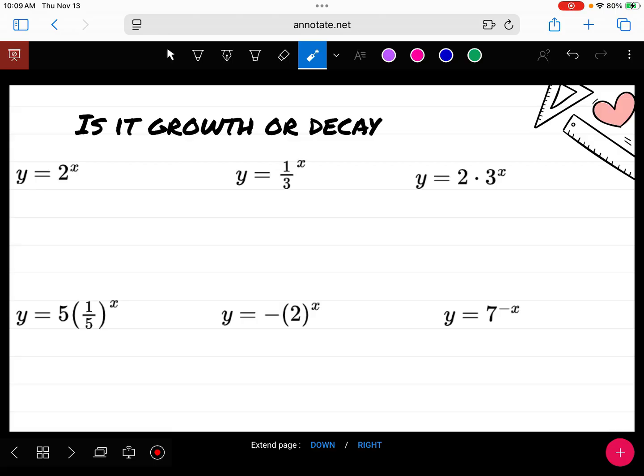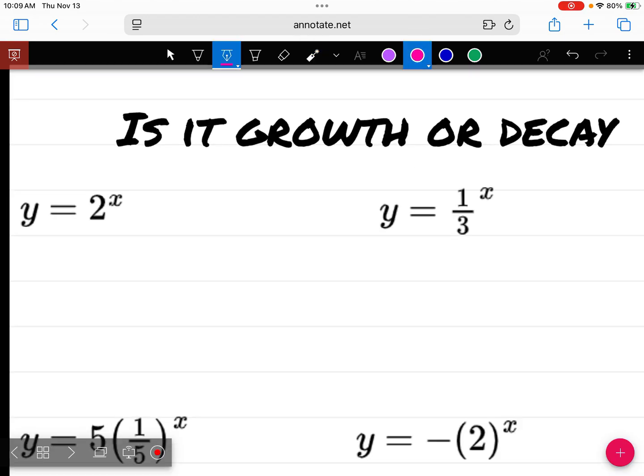So we don't have to do a lot of work on this. We just want to say, is it growth, is it decay? We might have to give ourselves a little bit more information to be able to tell that. There's a couple on here that are trying to trick you because they love to pull those out. First couple are fairly straightforward. So on this first one, top row, is this growth or decay?